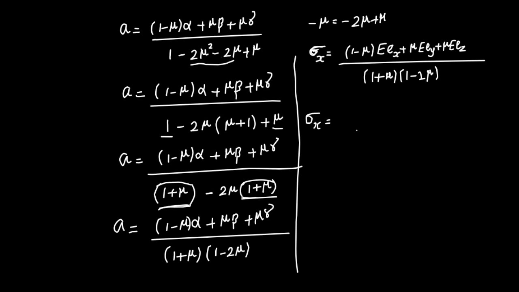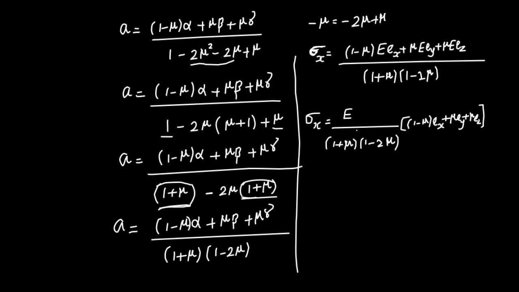I can write it as capital E divided by 1 plus mu into 1 minus 2 mu, into 1 minus mu into Ex plus mu into Ey plus mu into Ez. So this is the equation that gives me the value of the normal stress along the x direction.